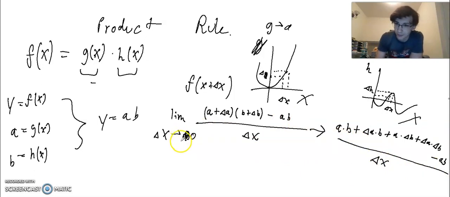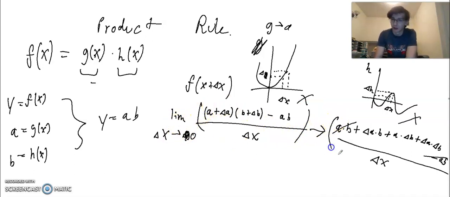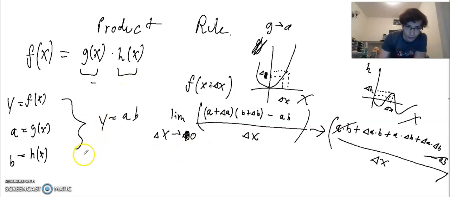So let's look. These two cancel, it's just positive and negative, and remember that we're taking the limit of this whole thing, so we can distribute our limit just like we did with our d dx. So let's rewrite this a little neater.